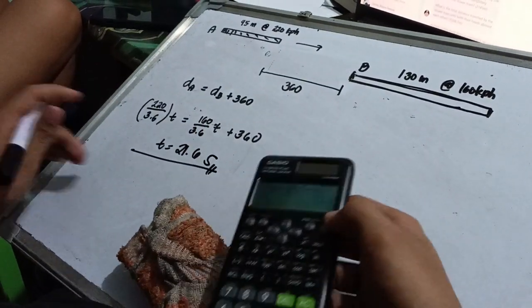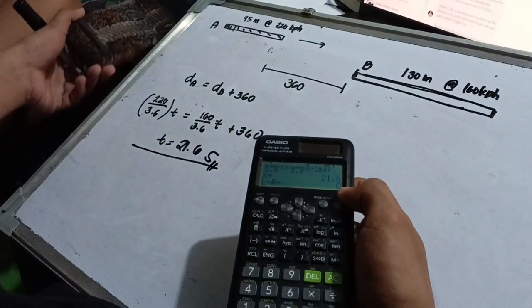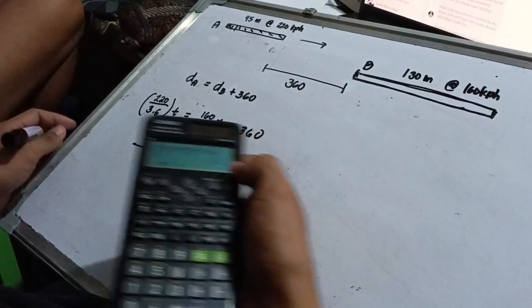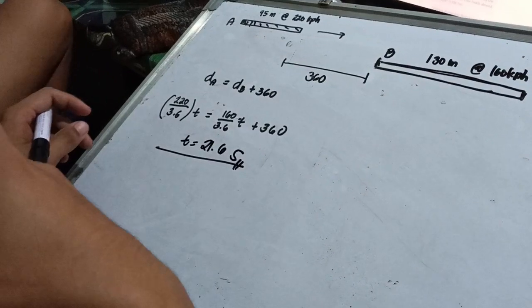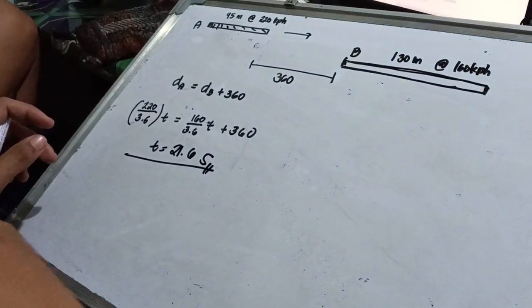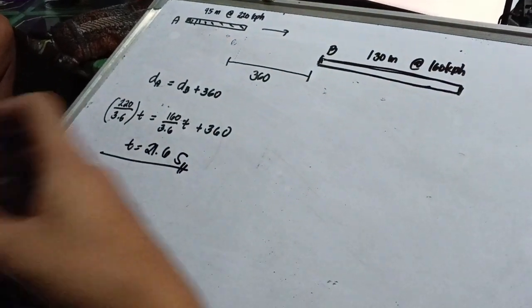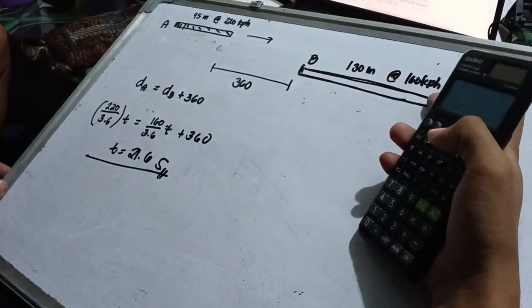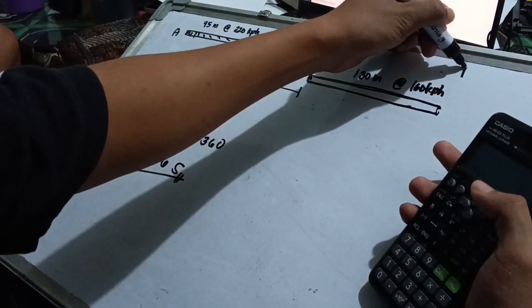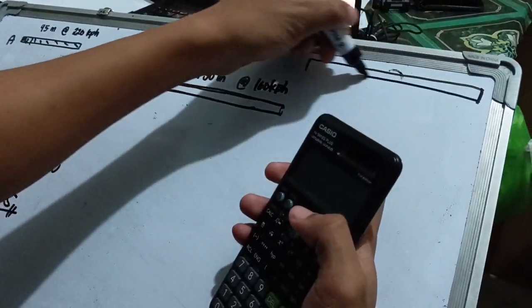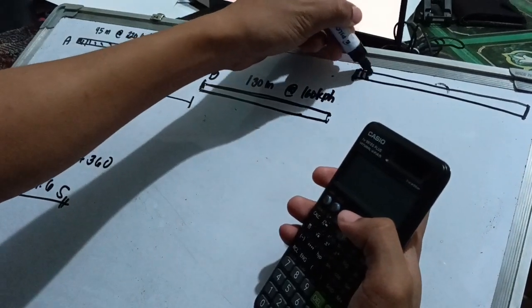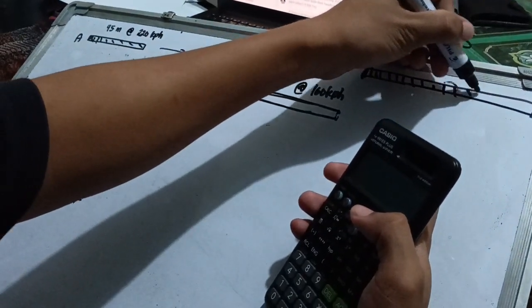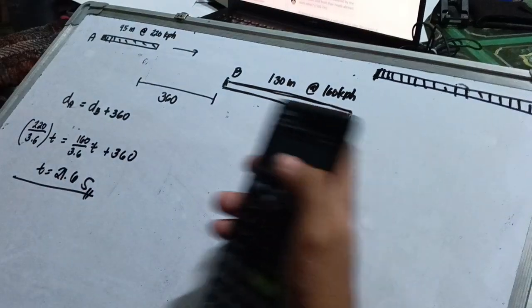Next, what is the total distance traveled by the faster train when it has completely overtaken the slower train? If we say completely overtaken, it has passed already. The tail end of the faster is now at the front end of the slower.